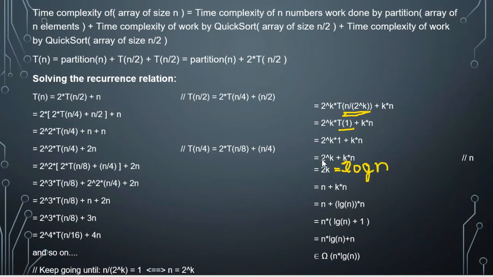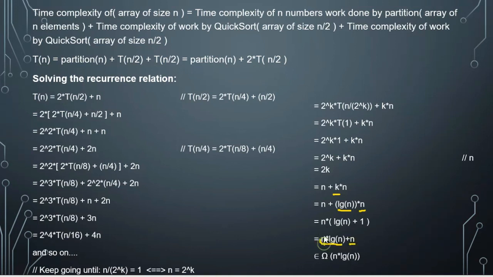Then we put the value of log n. 2 to the power k will become just n, because log base 2 of 2 is equal to 1 all the time. So it will remain n, and this k value will become log n times n. This will become n log n plus n.